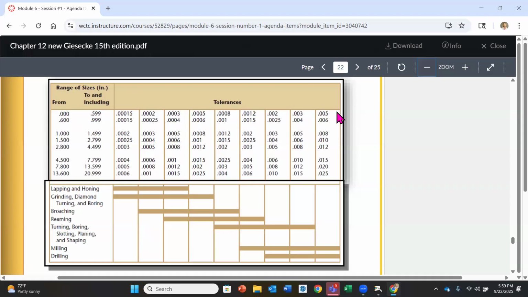And so those are going to be kind of parts that you're going to hold in your hand, if you would. As parts get larger, they're just naturally harder to hold the tolerances. So even if you're on the same process, because the part is larger, those capabilities are actually not going to be able to be held. And that's consistent with all of the processes. So it is size dependent.